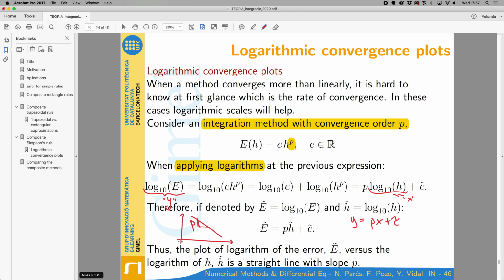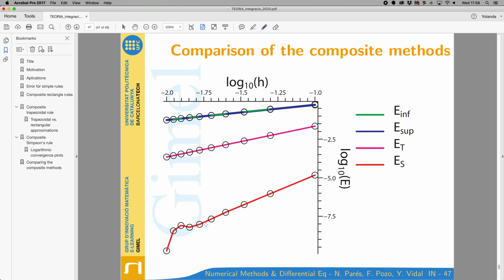So if we use the logarithm scale and we plot the logarithm of h in the x-axis and the logarithm of the error in the y-axis, we will always get lines, and the slope of the line will be the order of convergence of the method. That's what we did here.